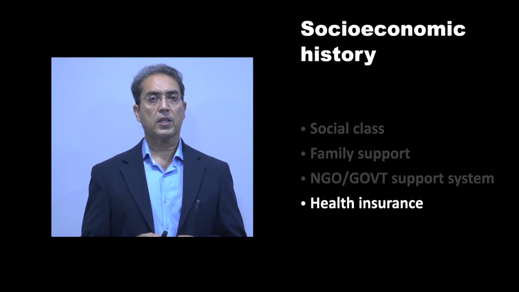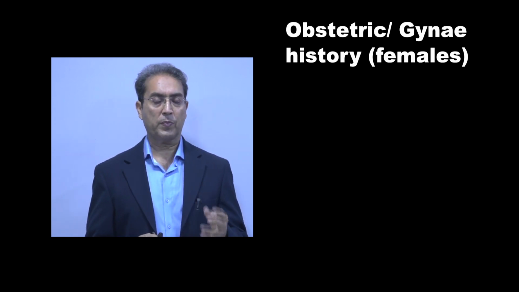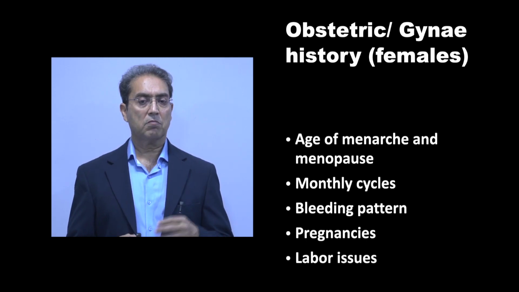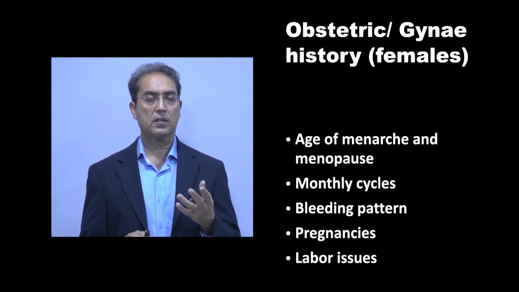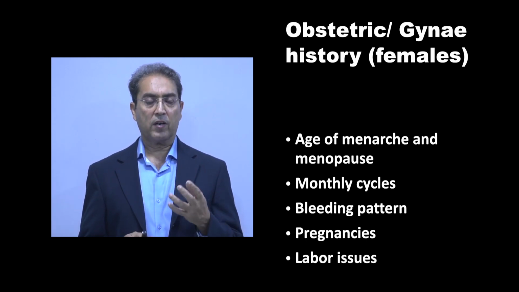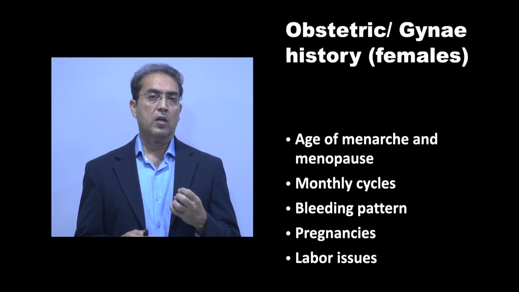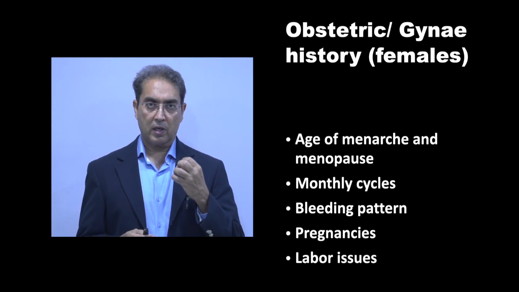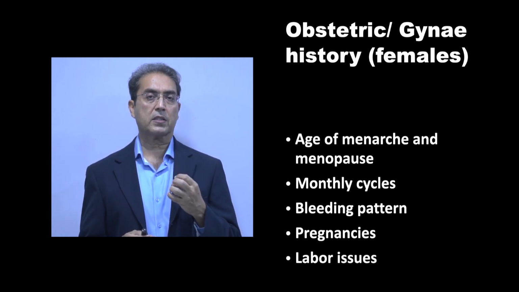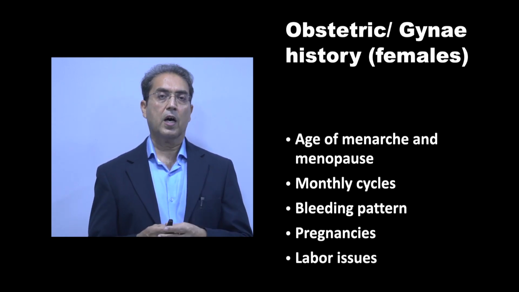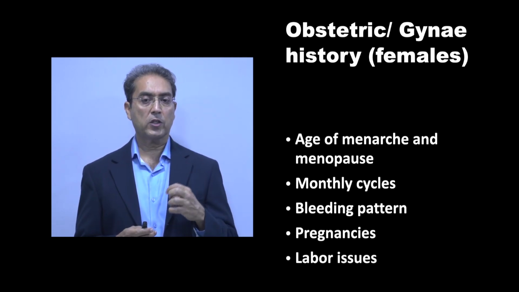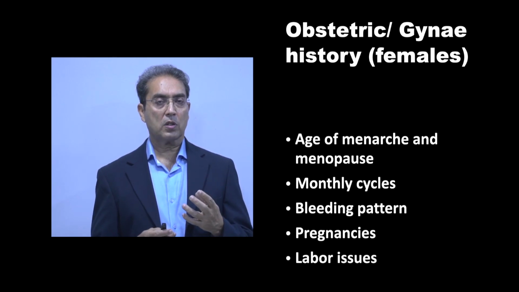And then obstetric history and gynecological history in case of females. You look for the age of menarche, what the monthly cycles are, whether they are regular or irregular, the bleeding pattern, whether it is regular bleeding or the amount varies during the cycles, and the age of menopause.